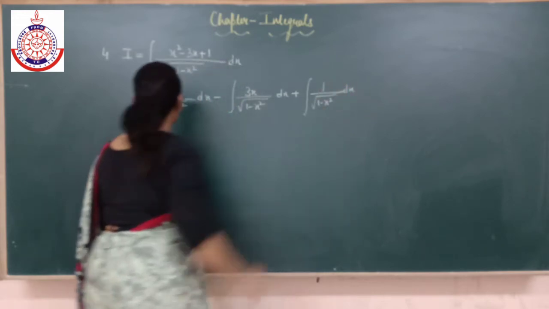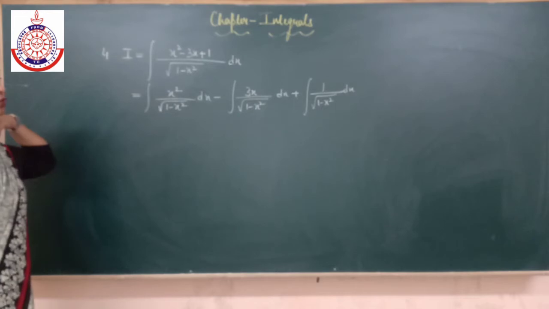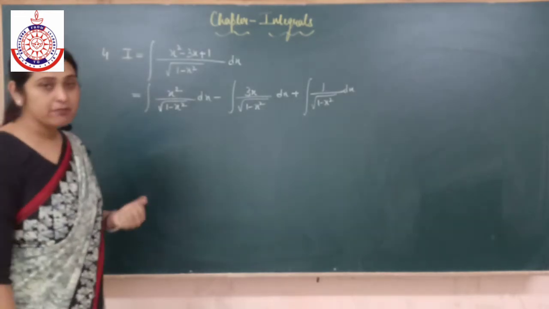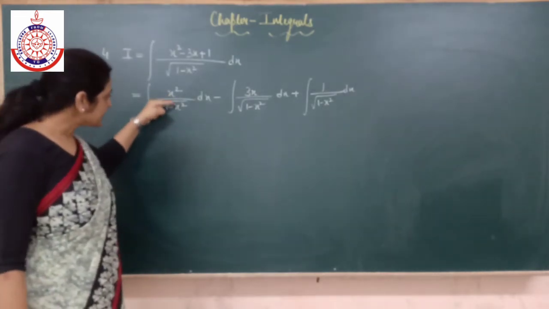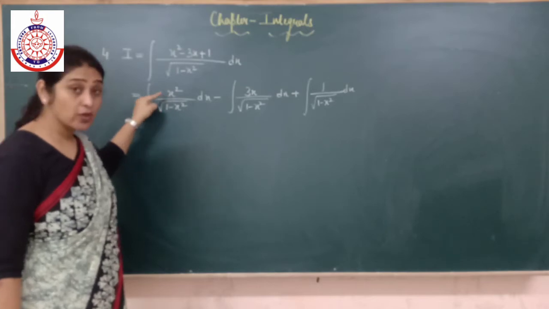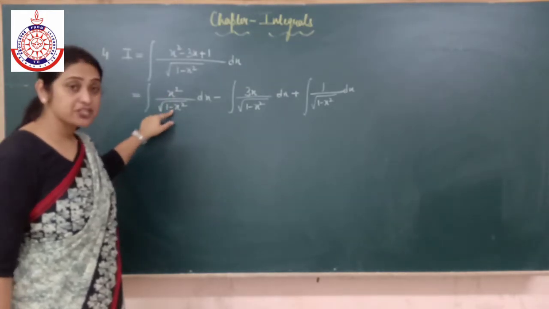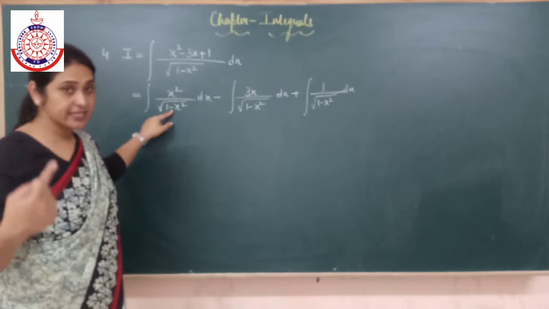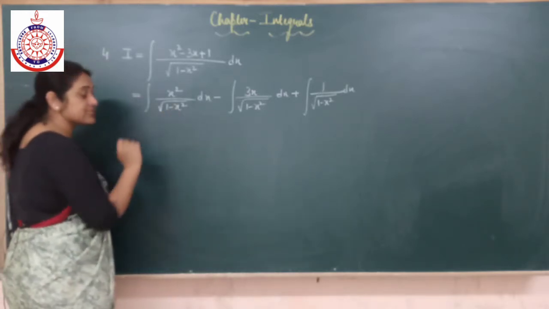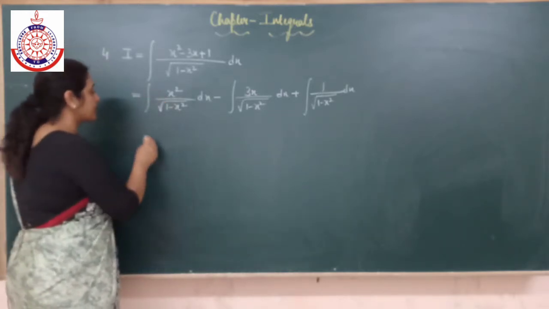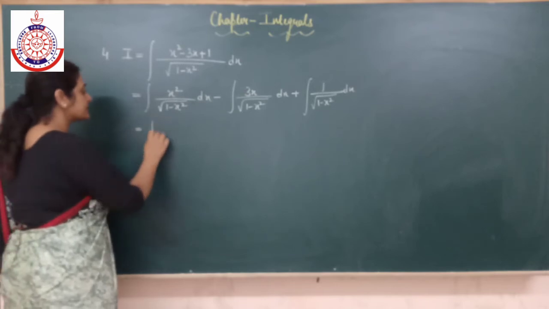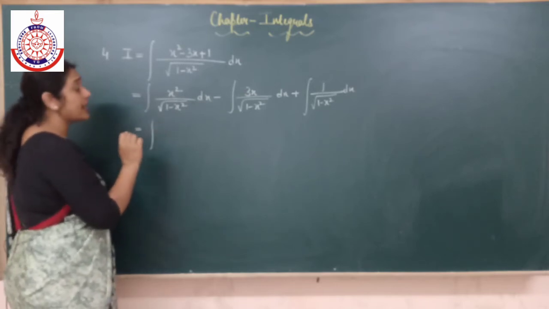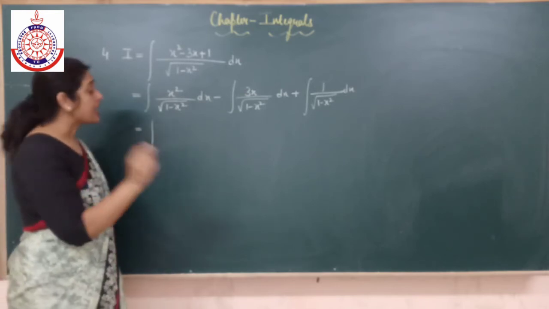When I was doing under root x square minus a square by parts, I told you, if you have this x square, here also x square, there is no other term, so try to make the same function what is there, so that it gets adjusted. Okay, below what is there? 1 minus x square, so I have to make 1 minus x square above. So what am I doing? I am going to add and subtract 1.